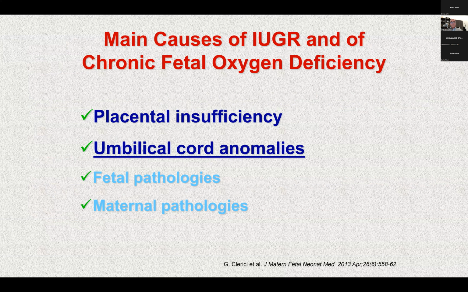You can see that we may have different causes of IUGR and chronic fetal oxygen deficiency. We described the fetal placental insufficiency, but now I'm going to show you the umbilical cord anomalies.